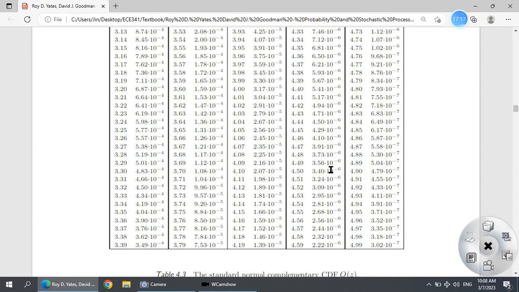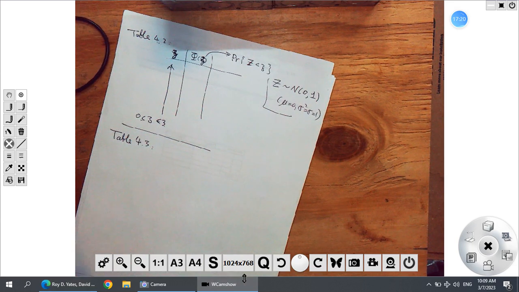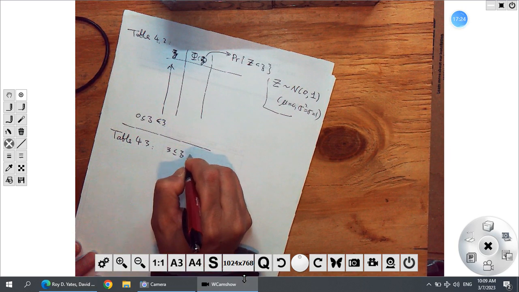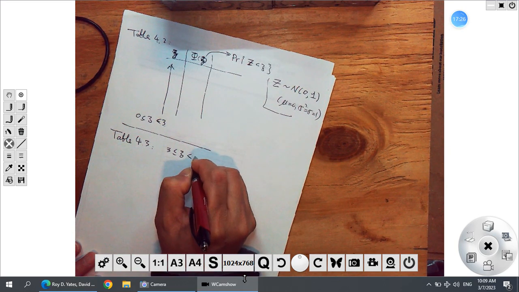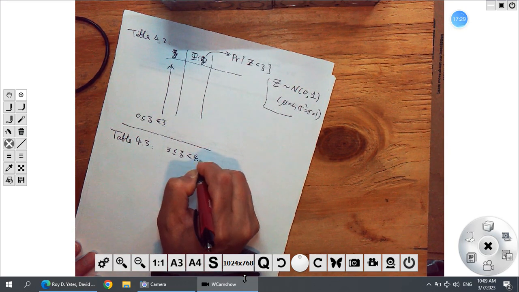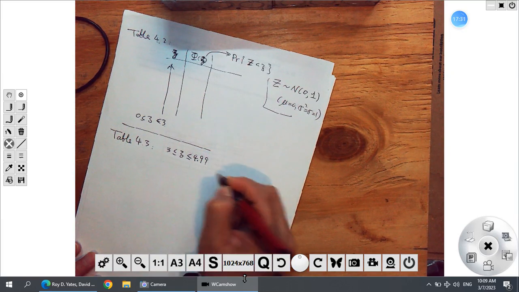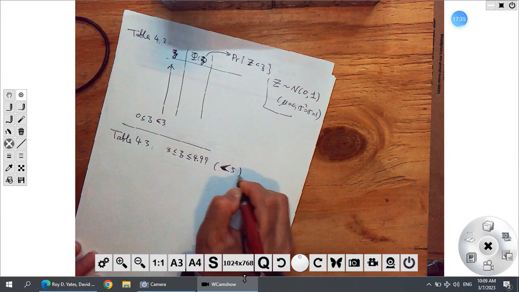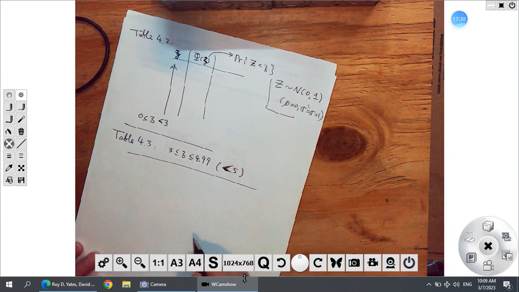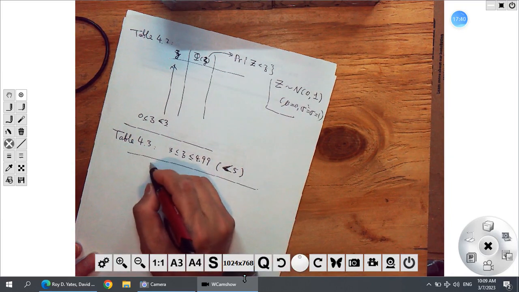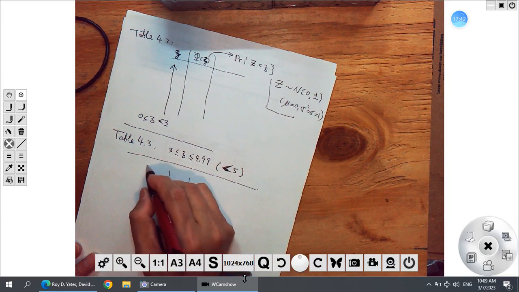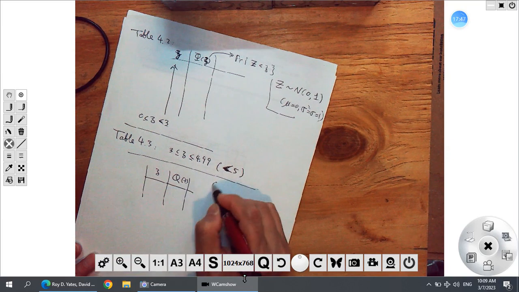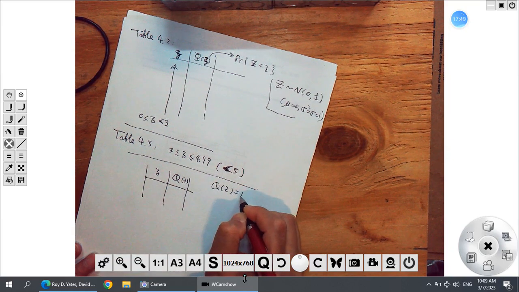So this Z starts from 3 until 4.99, actually smaller than 5, no more than 5. Less than 5. We have two tables. This one is Z and QZ, where QZ equals 1 minus phi Z.